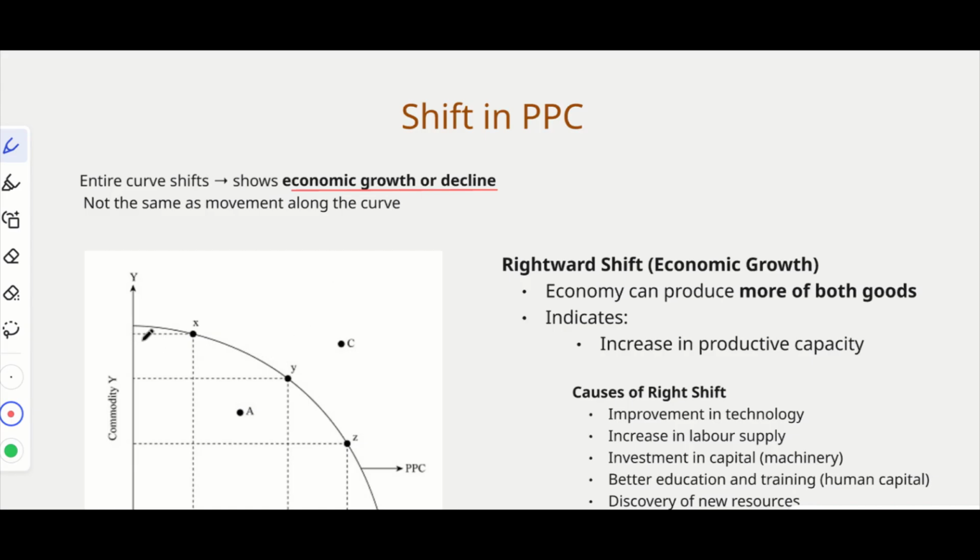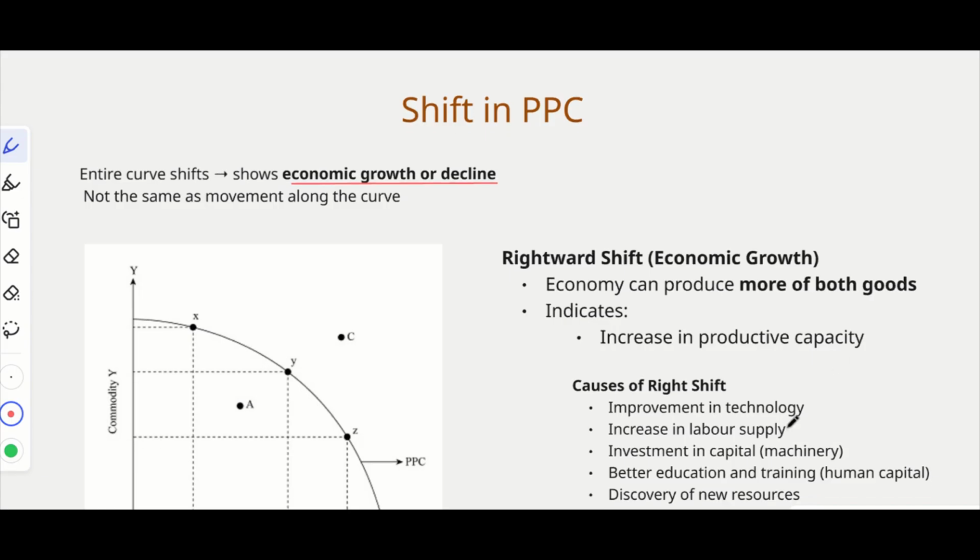When the combinations are moving on the curve, different combinations, that doesn't affect economic growth or cause any recession. But when the entire curve is shifting, it will have an impact.